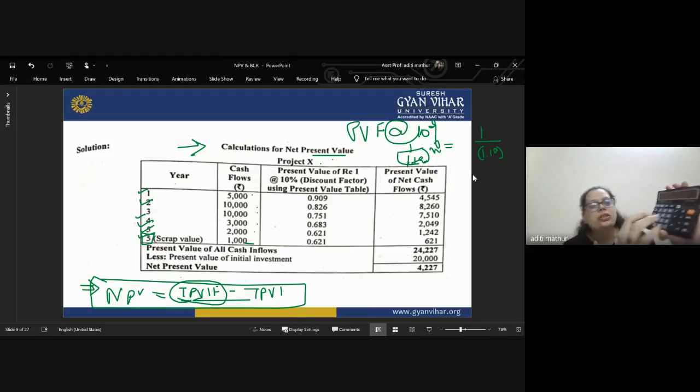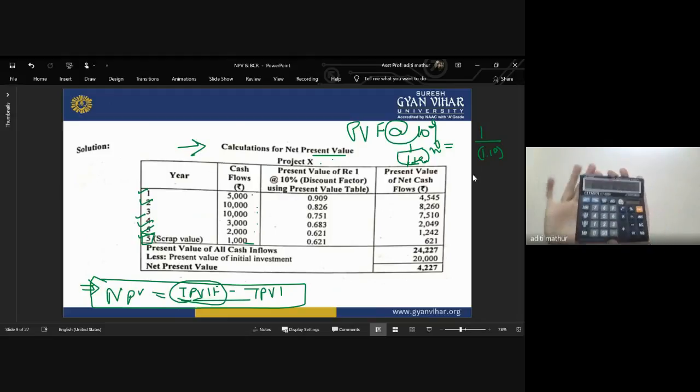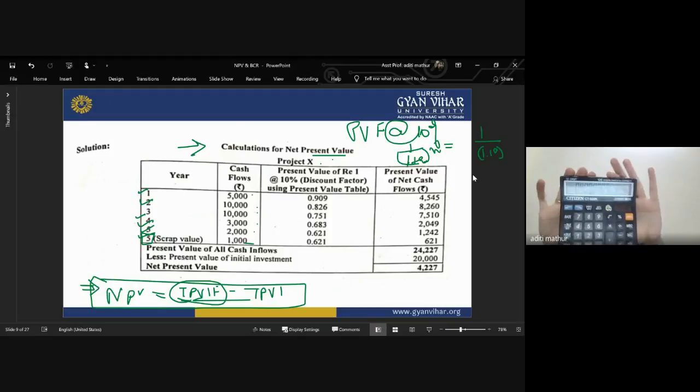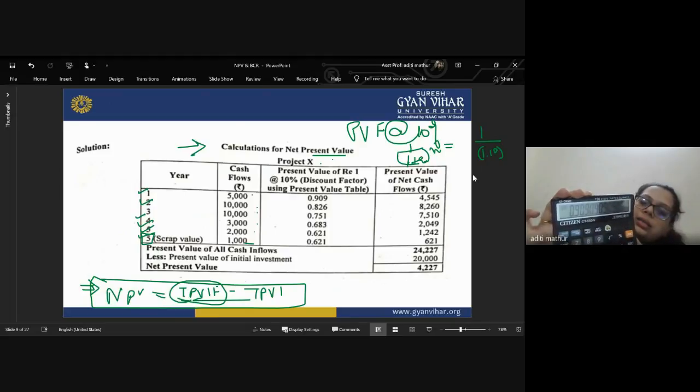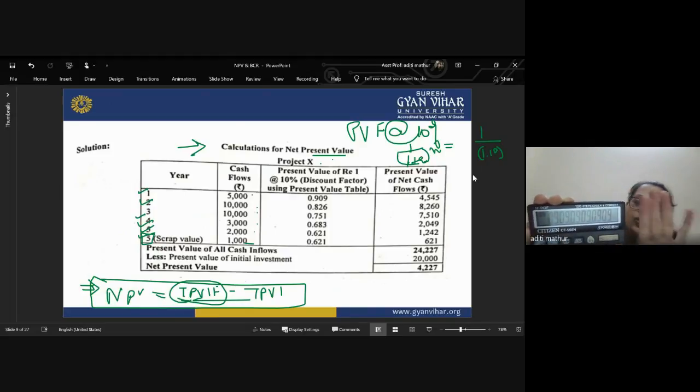You will just first type 1 divided by 1.10 equal to. So how much is it coming? You all can see, I think it is clear. So your value is coming to be 0.909. We are taking the three digit value, right, after decimal. So it is 0.909.